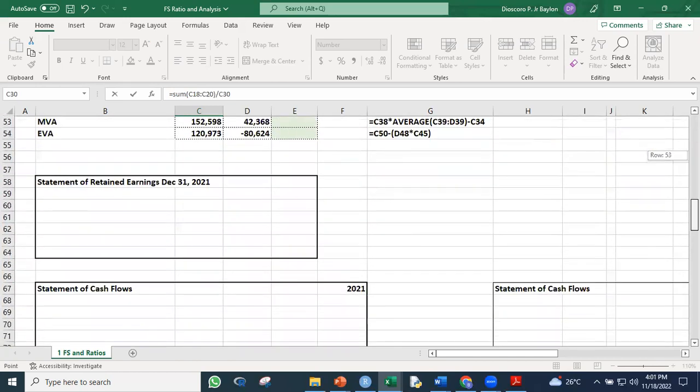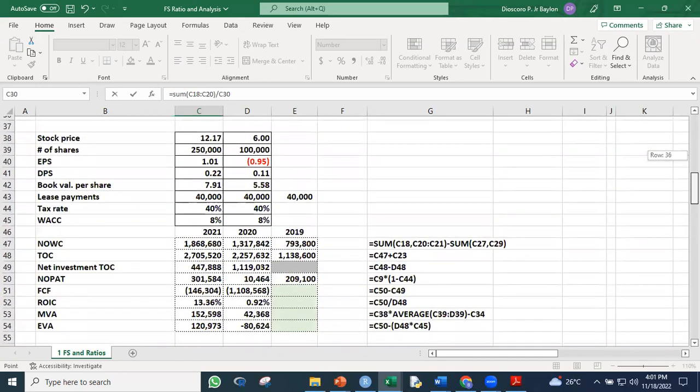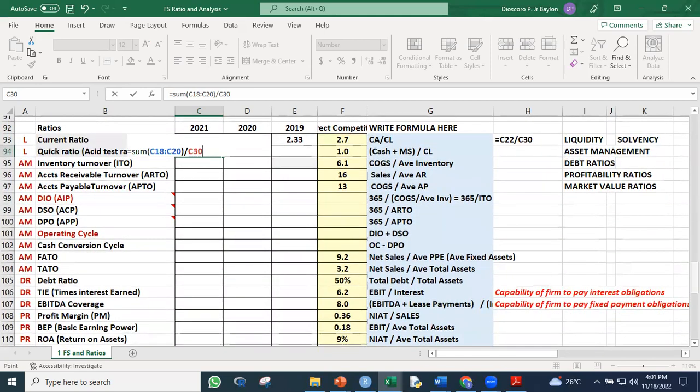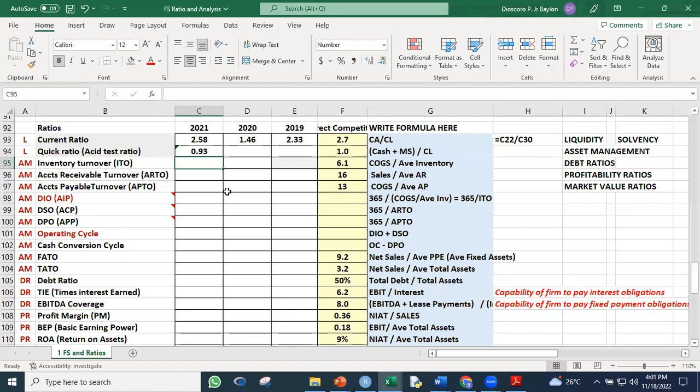Assuming the receivables have been sold, and assuming they have good collection and collect their receivables on time, our quick ratio will now be 0.93. What does that mean? For every 1 peso of current liability, the company has 0.93 of quick assets, which are the cash, marketable securities, and receivables.